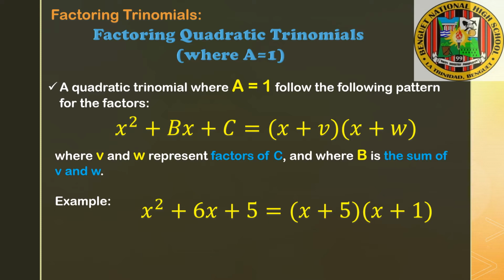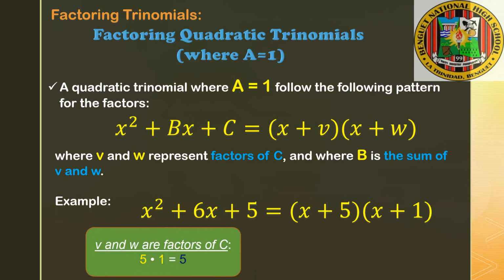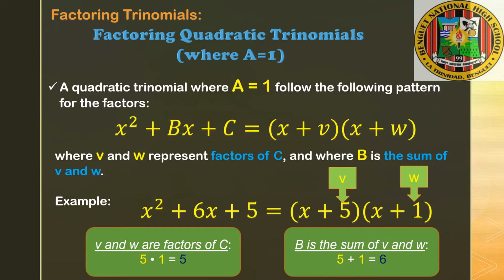For the second term, v or w in the binomial factors, however, we have to consider two things. First, that v and w represent factors of c, and that when we add v and w together, we get the value of b as a sum. Look at the given example.